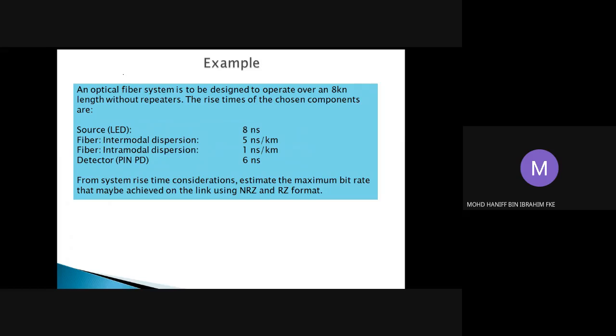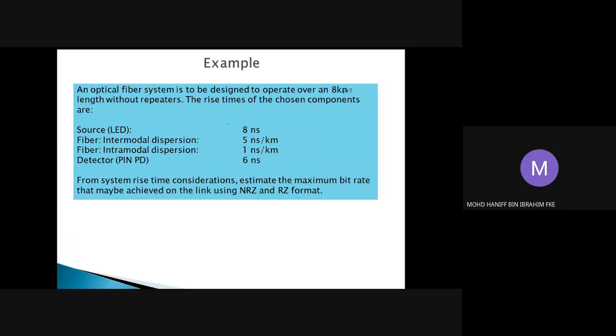For this example, we are given a case whereby an optical fiber system is to be designed to operate over 8 kilometers length without repeaters. The rise times of the chosen components are as follows.